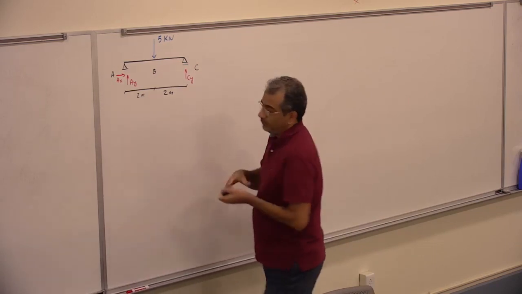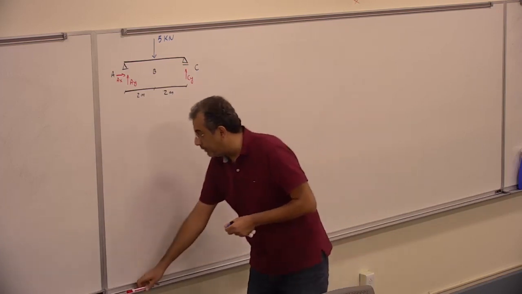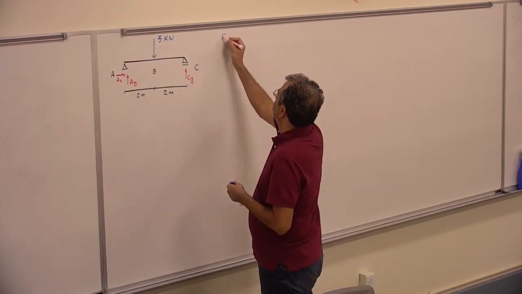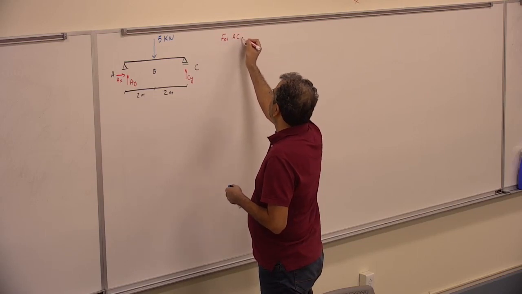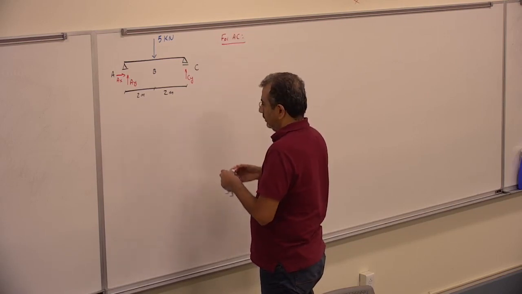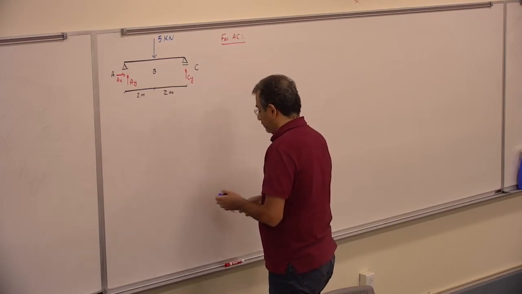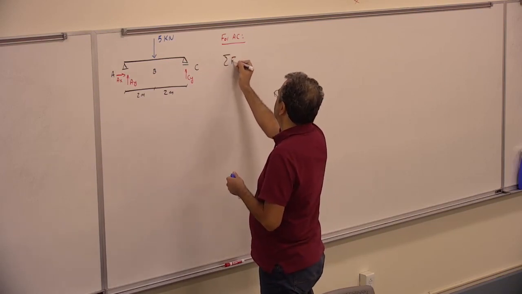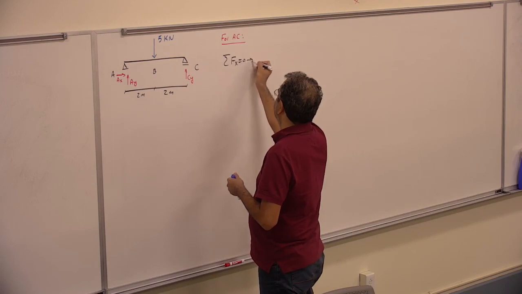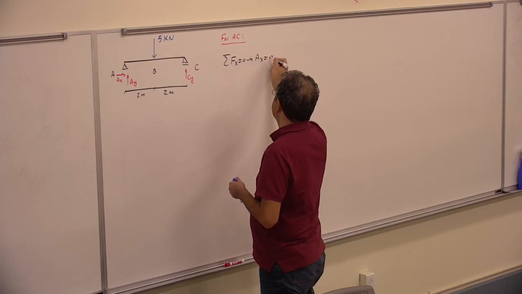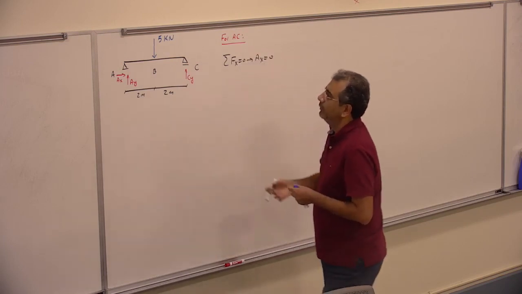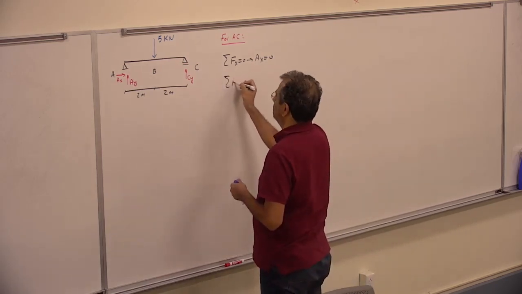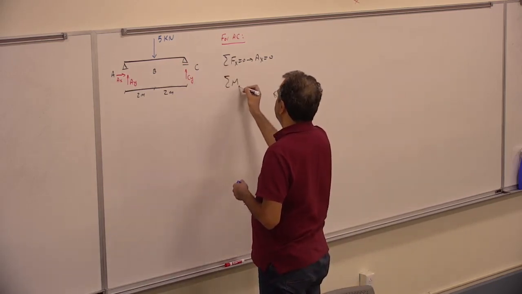So if I write it for the entire AC, I can find the reaction of the support. Write the sigma of Fx is 0, so AX will be 0. The sigma of Fy doesn't help me, so I write the sigma M about A is 0.